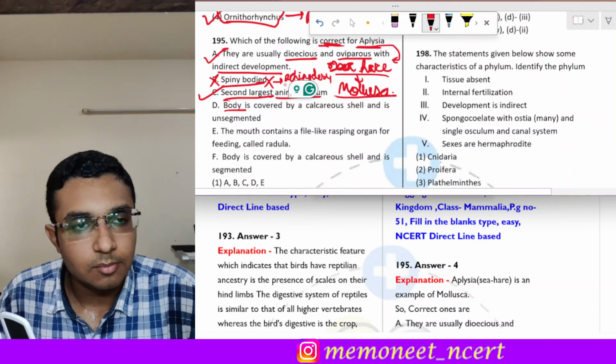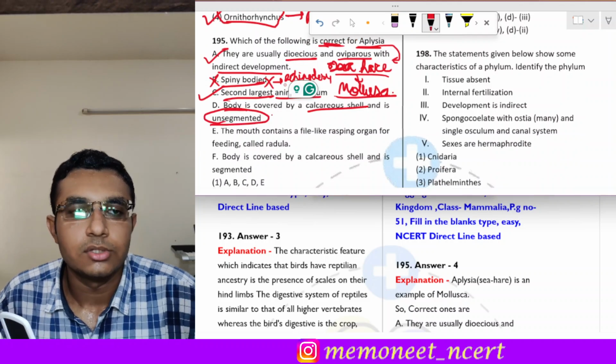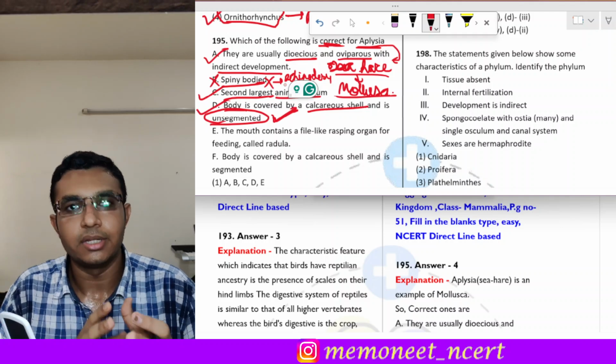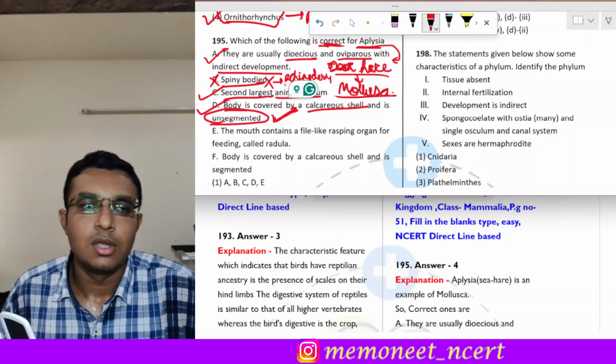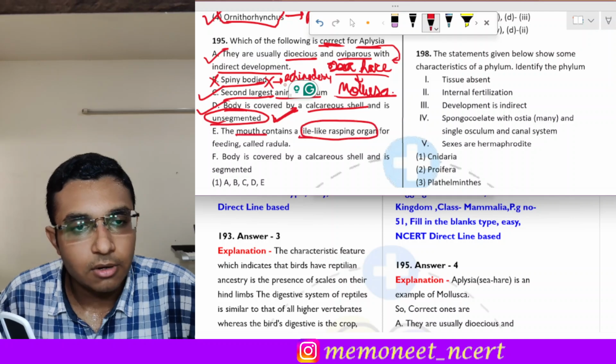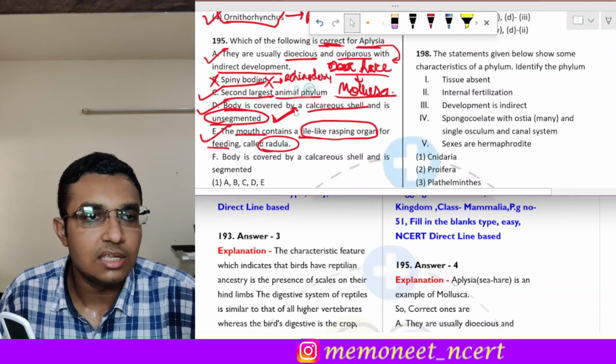D is the body is covered by a calcareous shell and is unsegmented. So yes, this statement is correct, because the mollusk body is covered by a calcareous shell and they are unsegmented in nature. Option E is the mouth contains a file-like rasping organ for feeding, which is called the radula. So yes, option E is also correct.